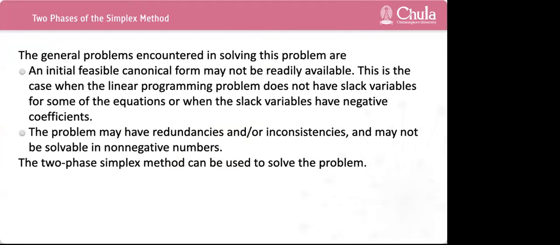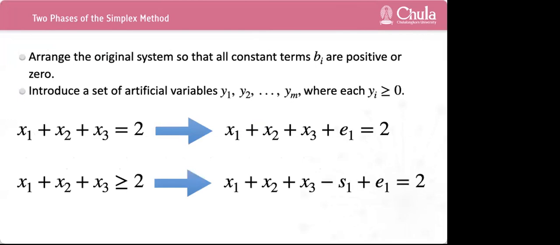because as I mentioned to you, we have a limitation on the form of the linear programming. In order to deal with equality constraints and also inequality constraints with a greater or equal relationship, we need two phases of the simplex method, right?